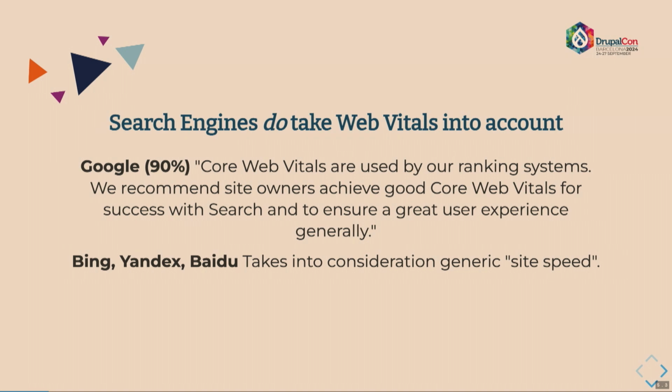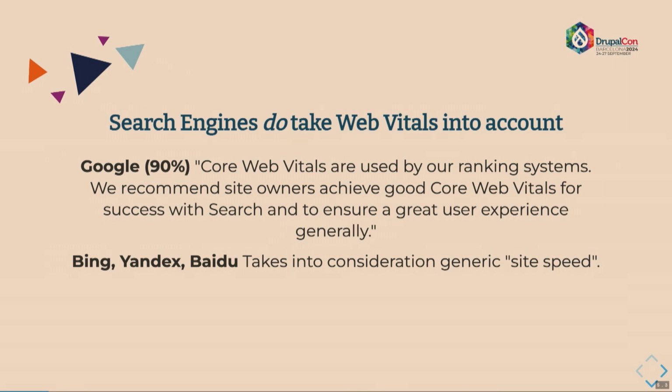Google, which powers roughly 90% of searches, will tell you that core web vitals are used by the ranking system. So a bad score on core web vitals is actually hurting your search engine optimization. The ranking also takes into consideration generic site speed. It does not refer directly to web vitals, but site speed, as we know, means performance as well.